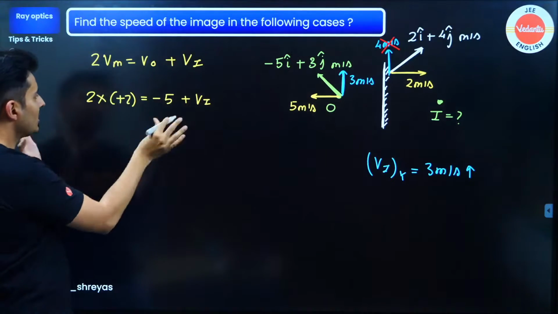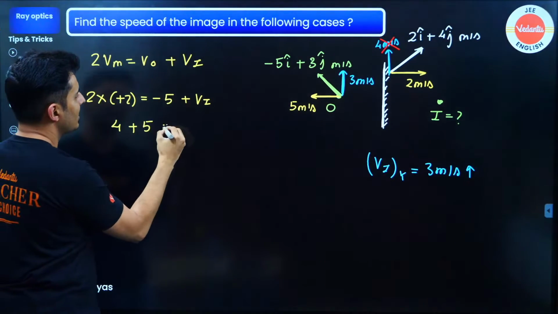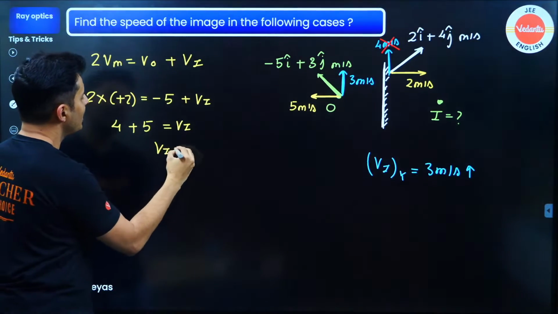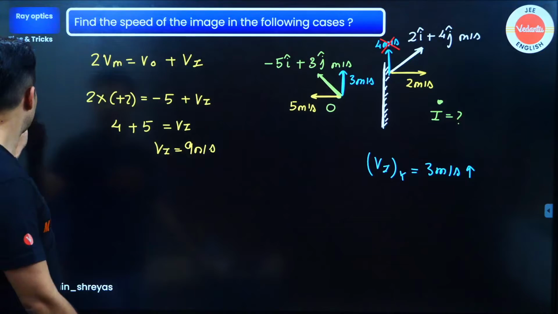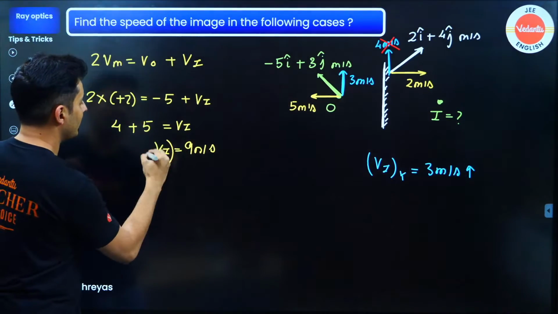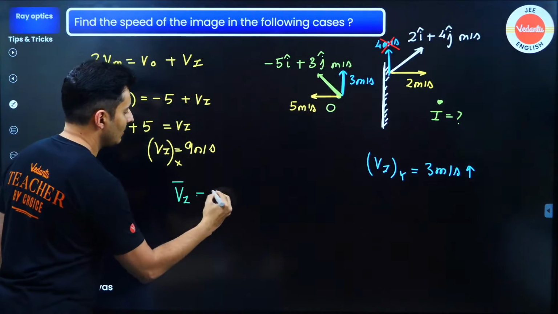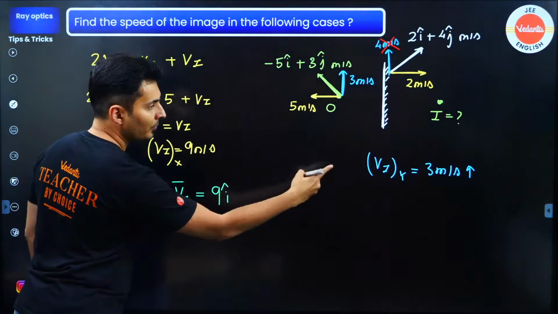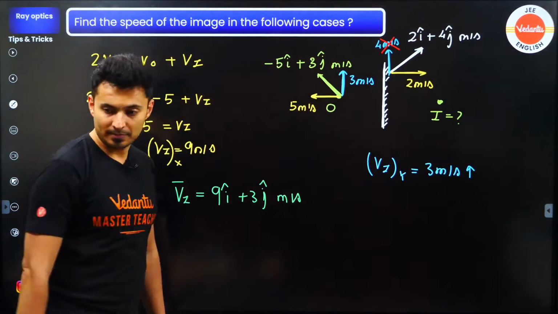Just rearrange this. 2 twos are 4, and minus becomes plus. So I get Vi equal to 9 meters per second. This is only in the X direction. So my final answer for the velocity of the image will be 9 i cap plus 3 j cap meters per second.